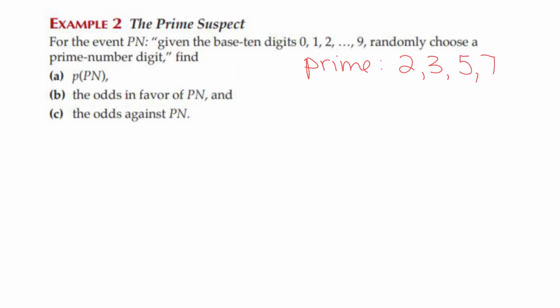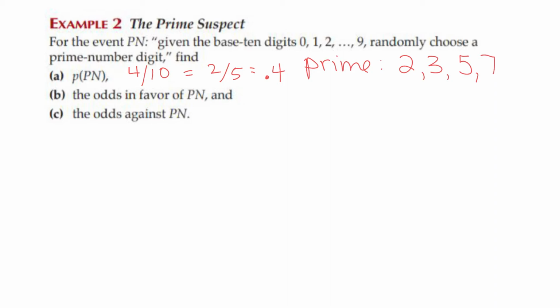So there's a 4 out of 10 probability, which reduces down to 2 out of 5. If you wanted to write that as a decimal, that would be a 0.4 probability.